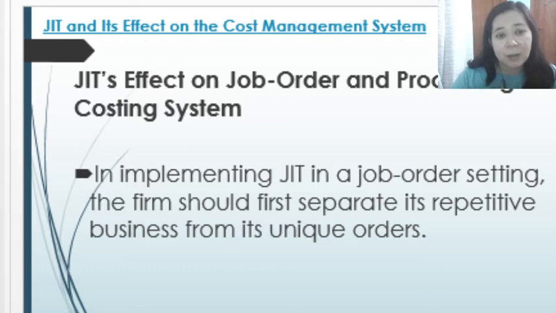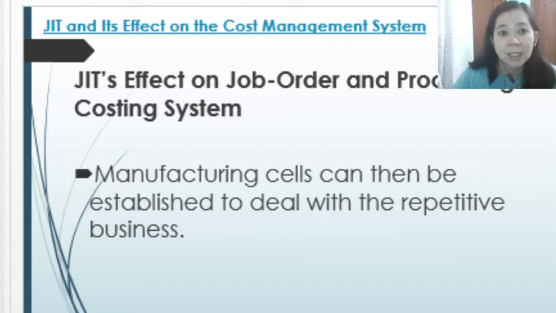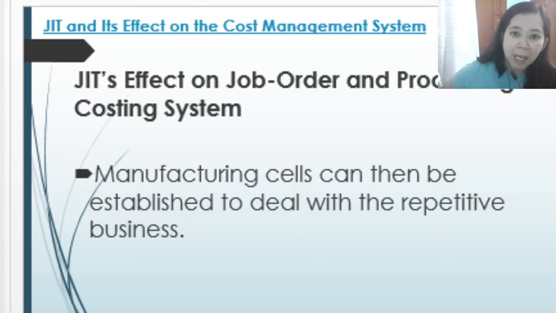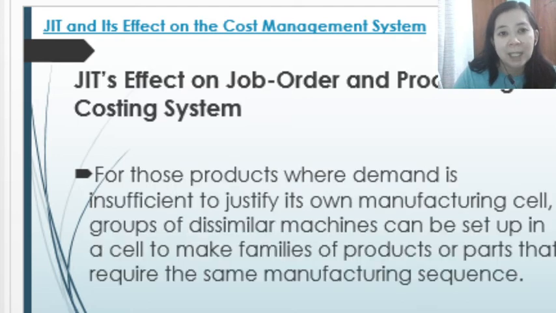So for the implementation of JIT under the job order setting, the firm will first separate its repetitive business from its unique orders, because they will take those as another form of order and process. Manufacturing cells can then be established to deal with the repetitive business because it is normally established for the existing product or process.